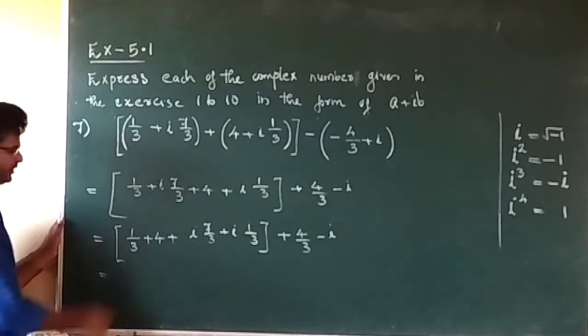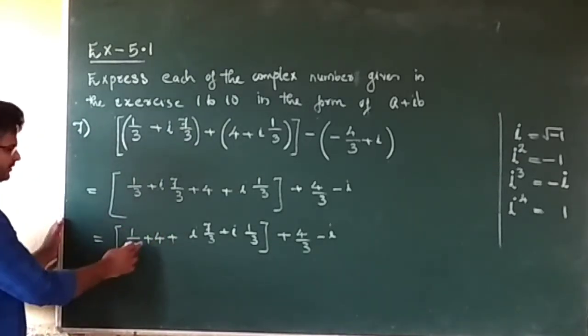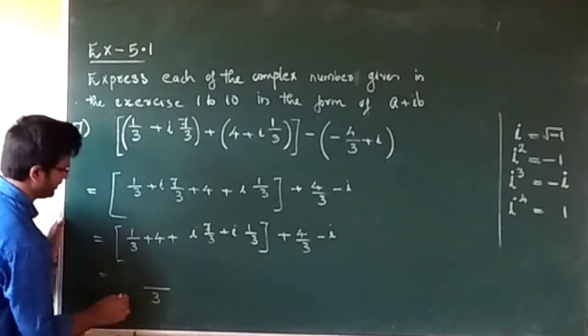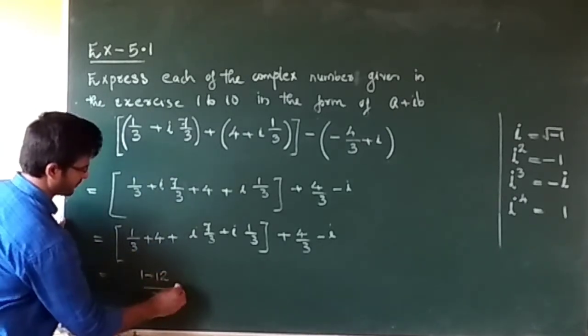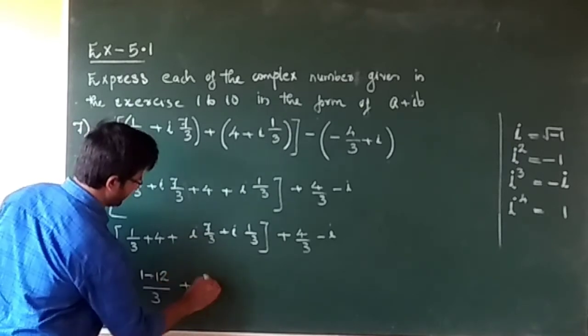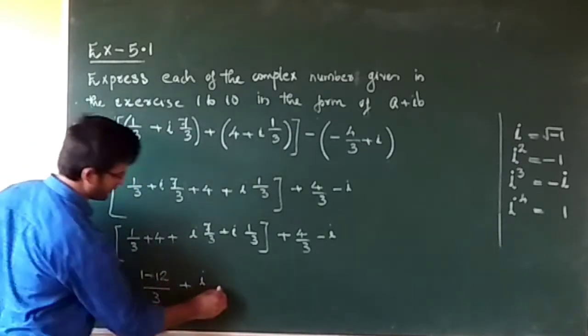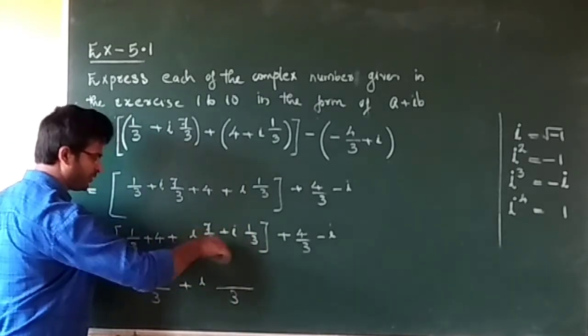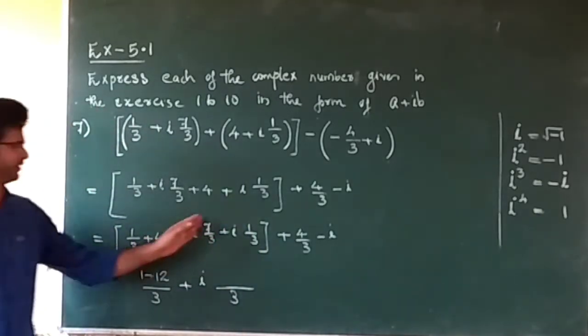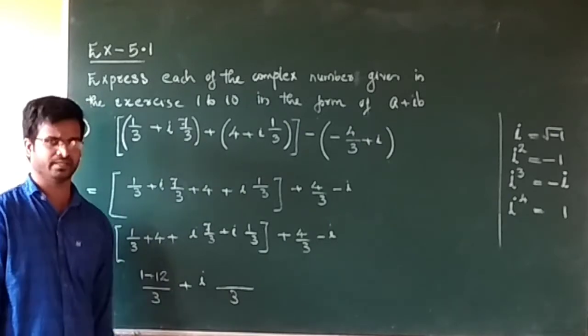What is the LCM when you take the real part? That is 3, isn't it? Then 1 plus 3 into 4, 12. Here i we can write outside. Take the LCM of the imaginary part, that is 7 by 3 and 1 by 3. 3 is the LCM.